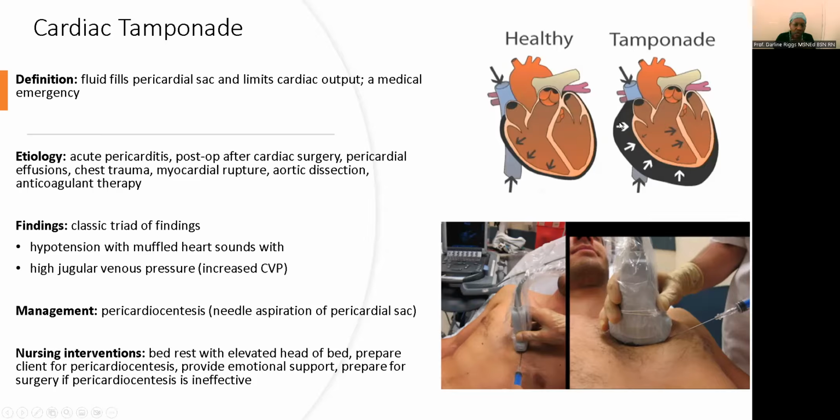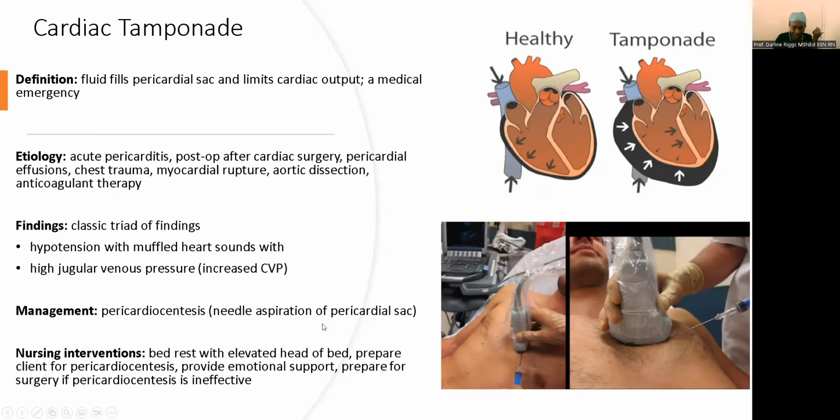When a client goes into heart failure, this could possibly happen as well. That's why it's placed right here, after heart failure. This is a possibility that may need to be done for this client. Clients with chest trauma or aortic dissection are some of the causes where they may need to have this done. A couple of test questions: it must be under the guidance of an ultrasound.